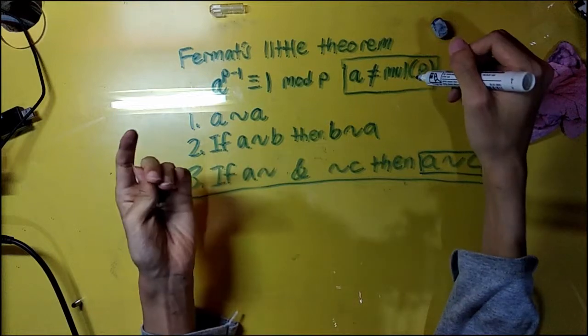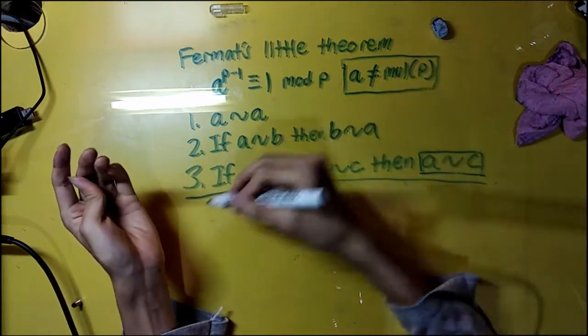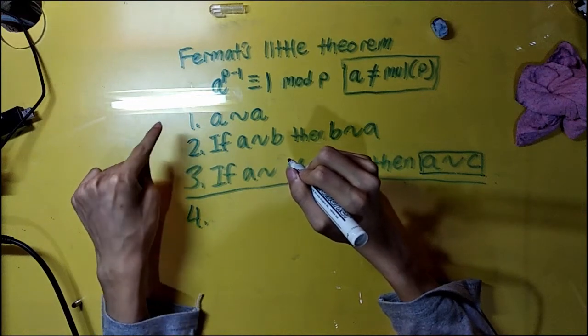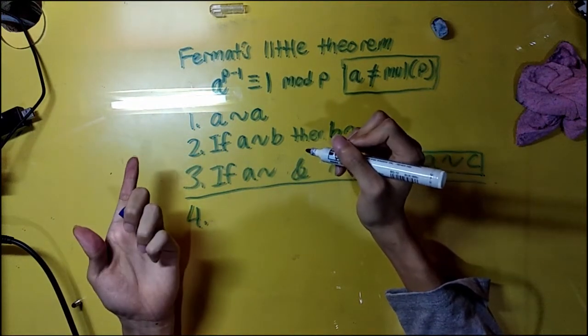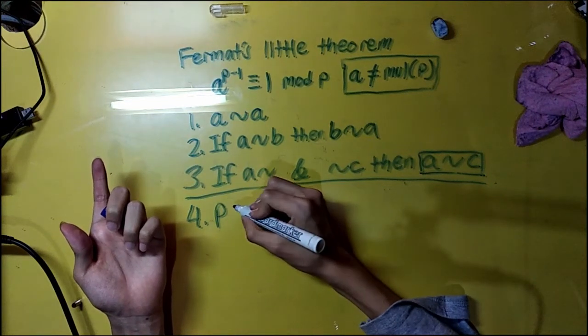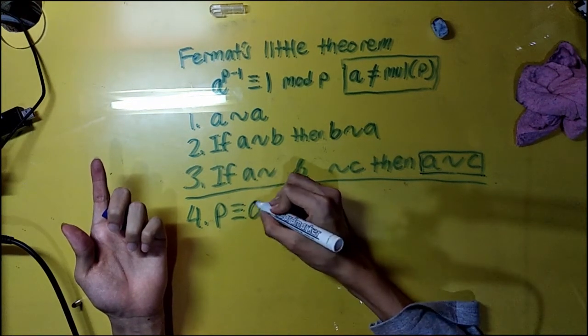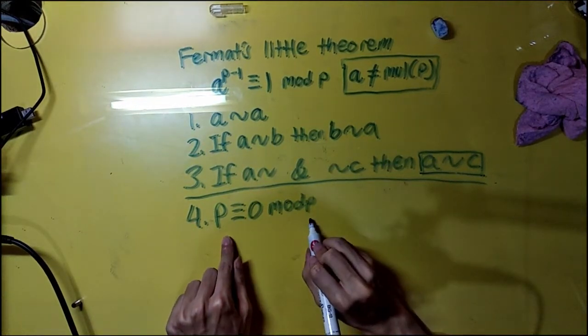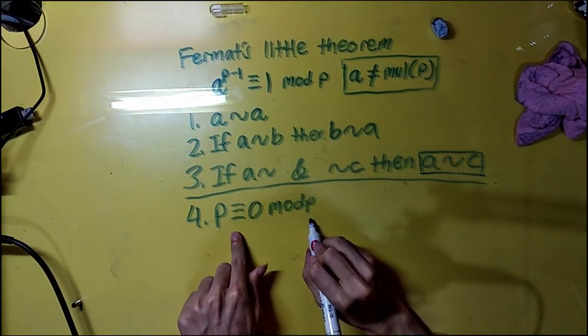Let's think about it first, okay? We're going to need another property. It's not part of the 3 basic properties, but it is a property nonetheless. And that is, if you take a number p, that's always going to be congruent to 0 mod p. Take note that these things must be the same. Why is this true?